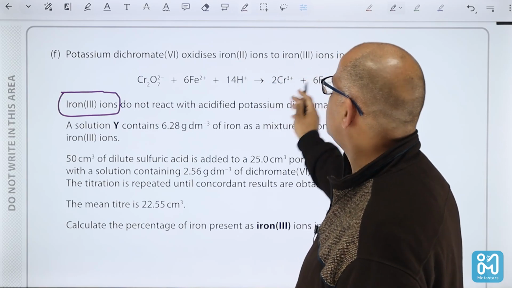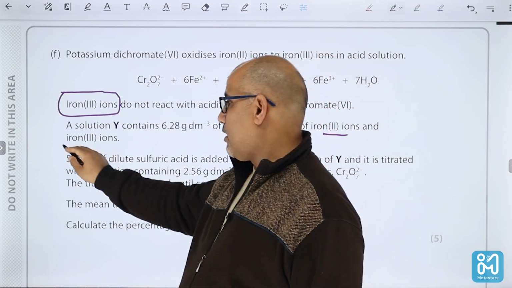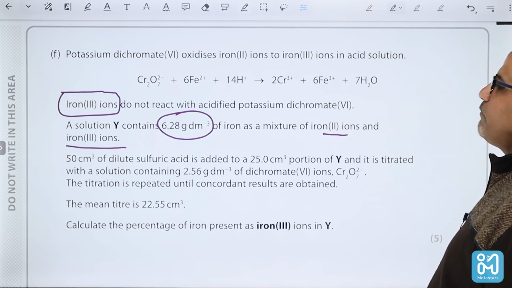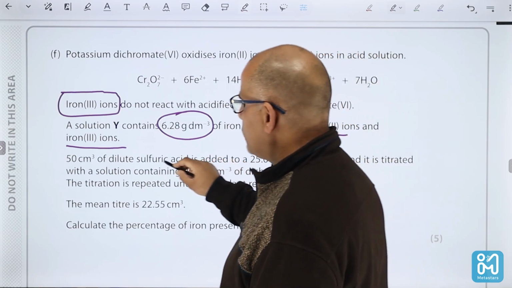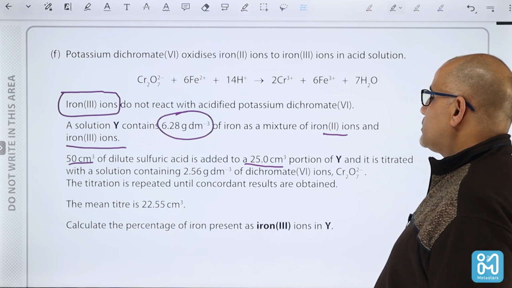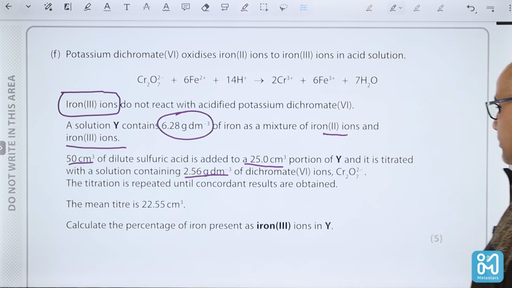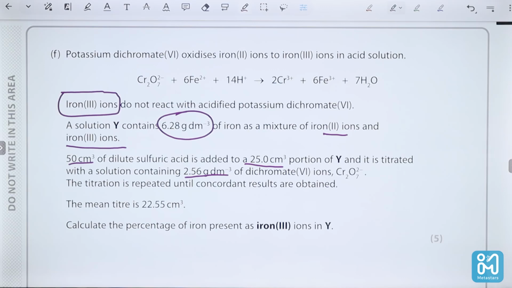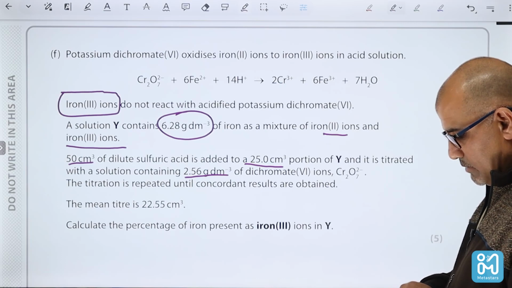Solution Y contains 6.02 grams of iron as a mixture of iron 2 and iron 3, so this solution contains both ions. Now we can convert the concentration into moles, starting from the value of the dichromate ion.